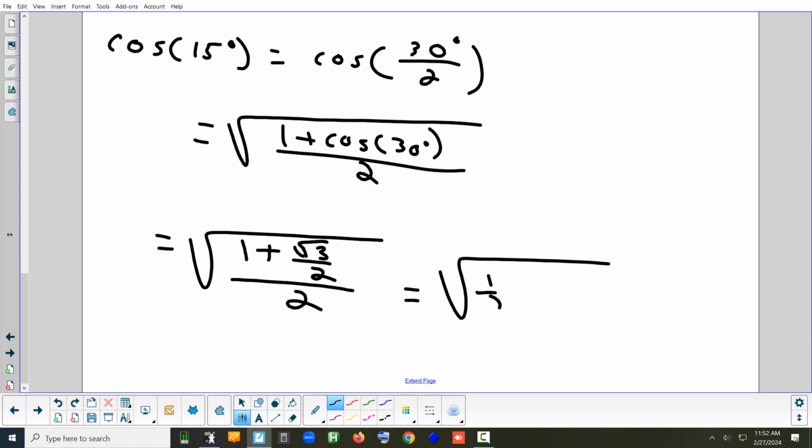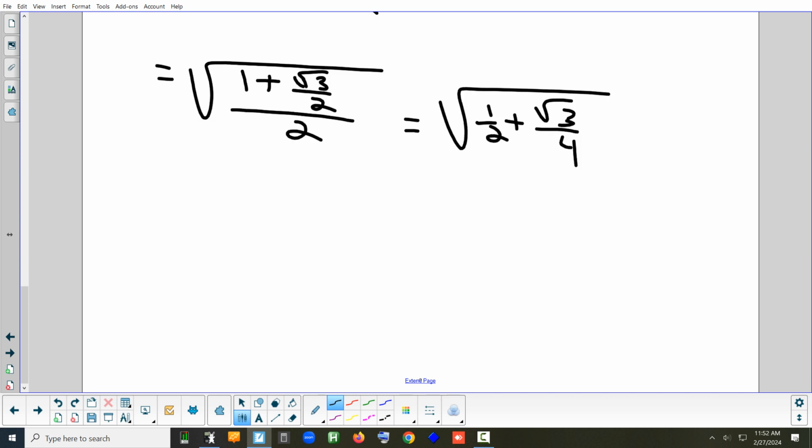So I'm just going to keep manipulating this until maybe I get what's up above. What would I have to do if I want to add those together? I need a common denominator, which would be 4, which is the same denominator I have here. So this is looking good.